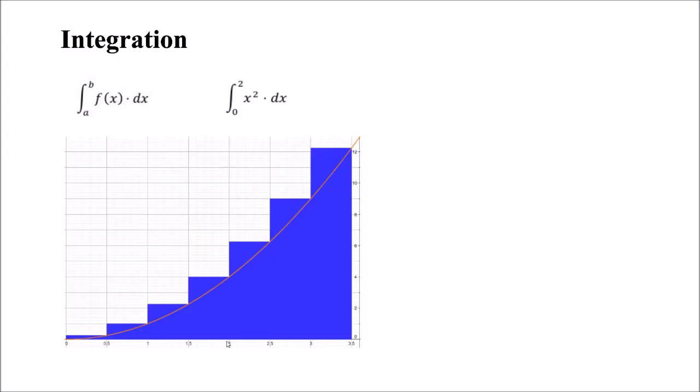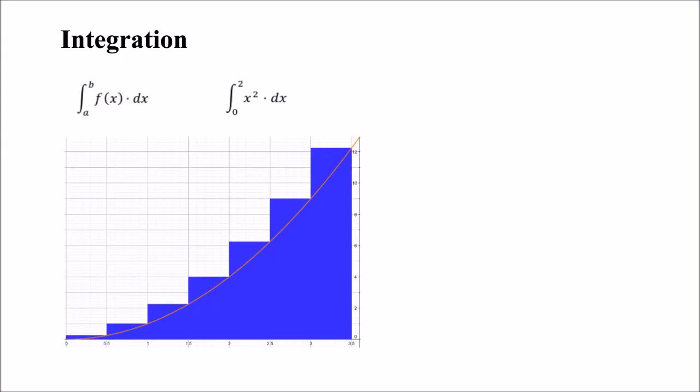To estimate, let's start with 4 rectangles, each of width 0.5. For my own convenience, I will set the heights of these to be the value of the function on the right side of the rectangles. So this is an overestimate. One can make other choices, but the end result is the same once we take limits.